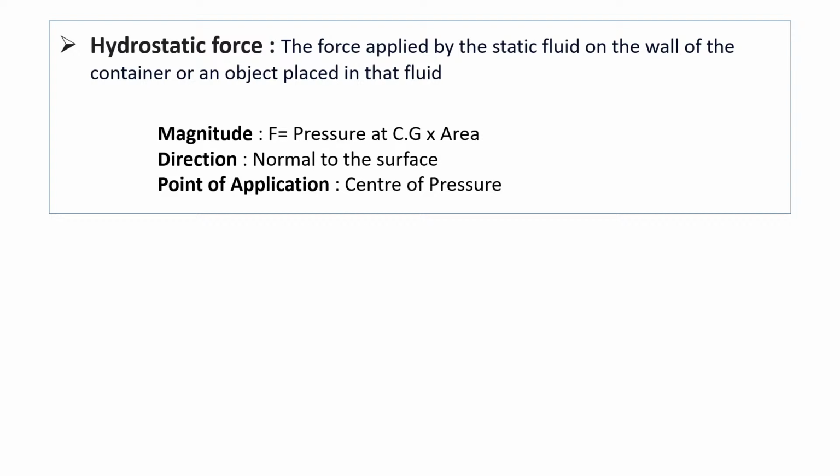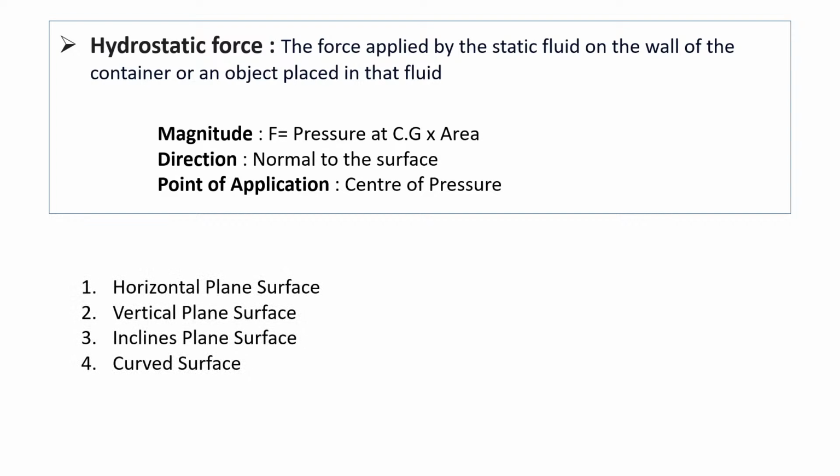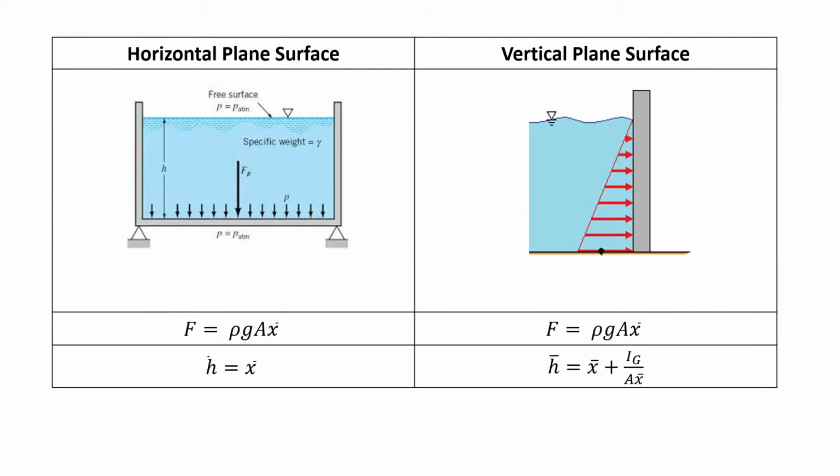Now in different cases we'll try to find this hydrostatic force and center of pressure. Four different cases are there: horizontal plane surface, vertical plane surface, inclined plane surface, and curved surface. I'm just writing the final formula, not doing any derivation here.